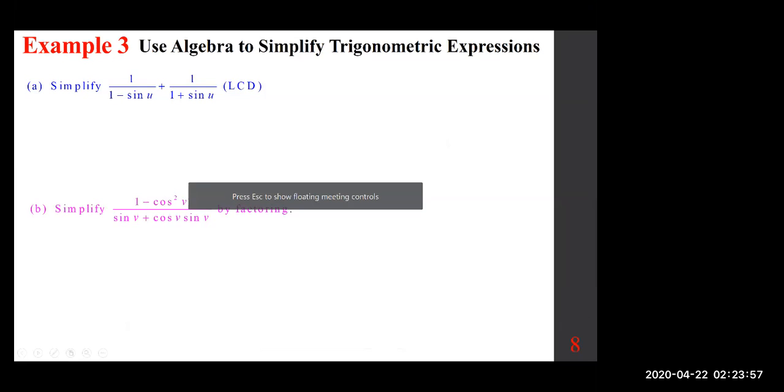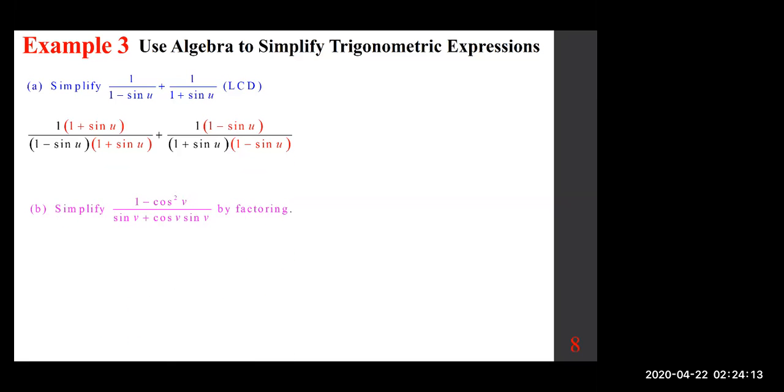Well, anyone has their final answer? For the top one, A, I got 2 over cosine squared u. Beautiful. So you take a common denominator.